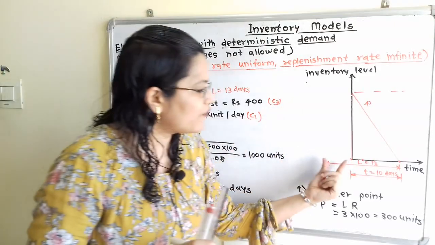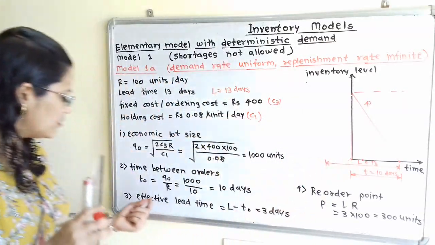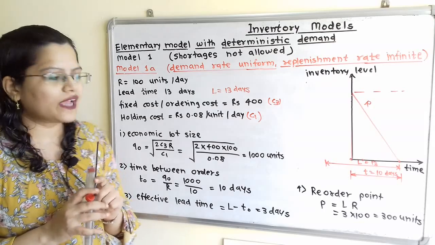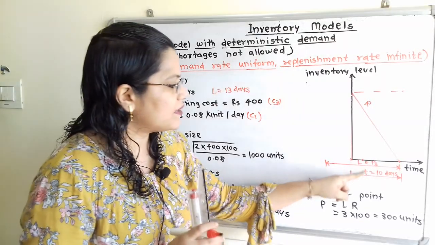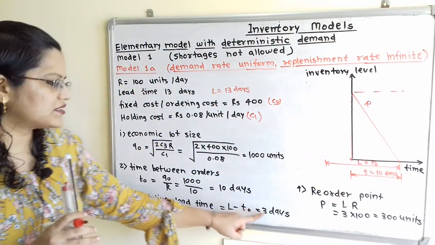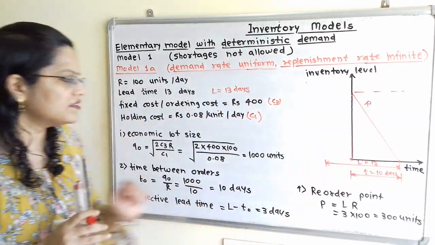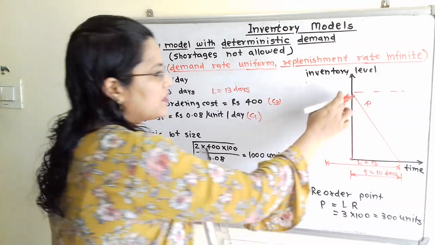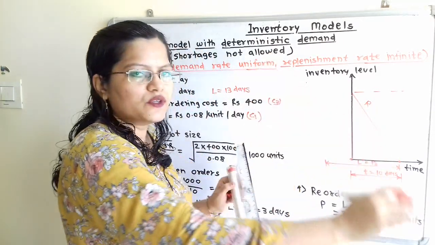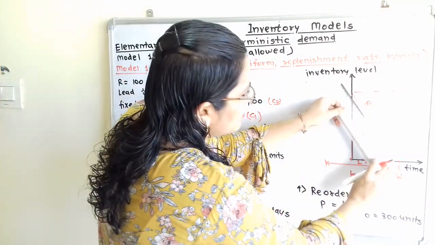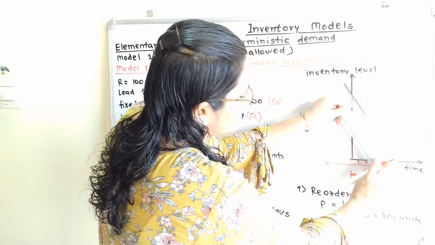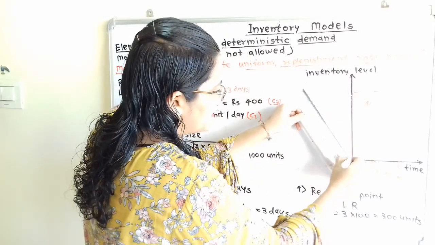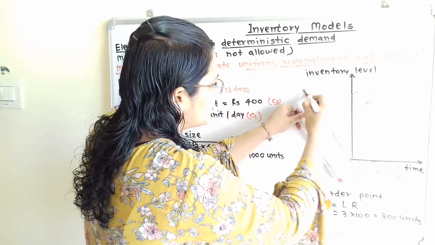Now we have to find out the effective lead time. How to calculate? That is L minus T0, that is 13 minus 10, 3 days. Now we have to show that. If we observe, this consumption rate will become uniform, so I will draw the same slope from this point, because here also it will become 0.